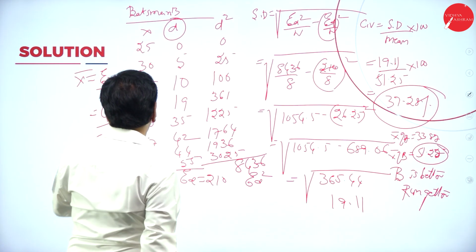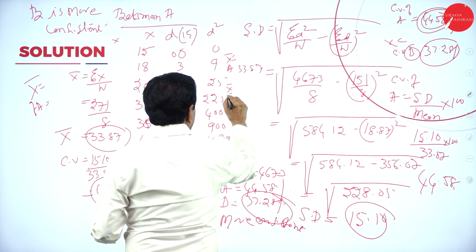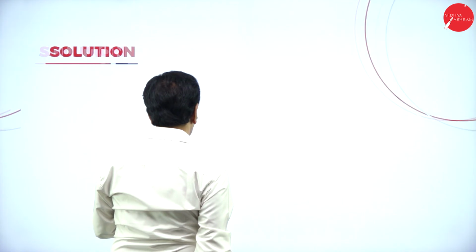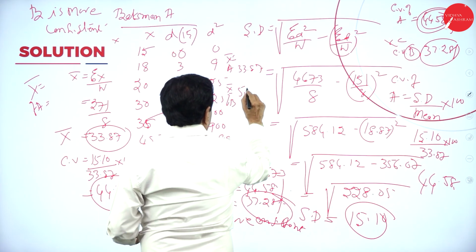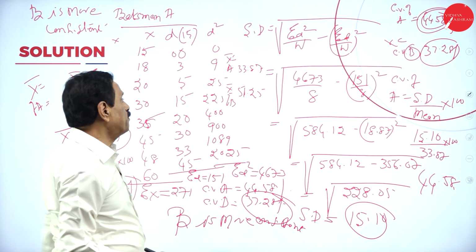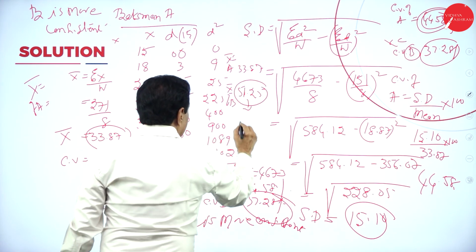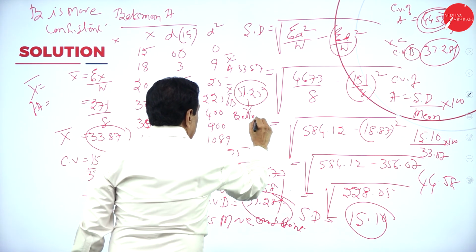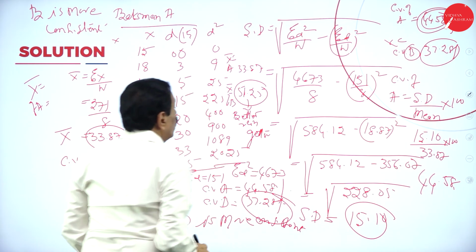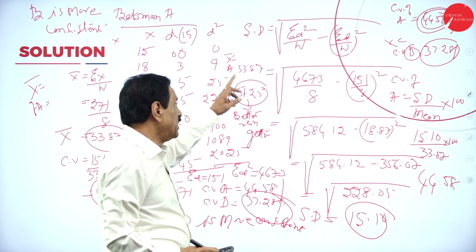Then mean of B, 51.25. See the board? Mean of A, 33.87. Mean of B, 51.25. This B is a better run getter. Whose average is more? B's average is more than A.